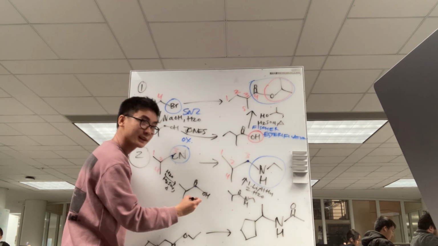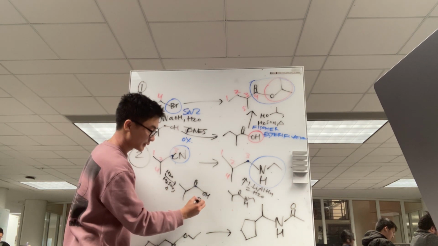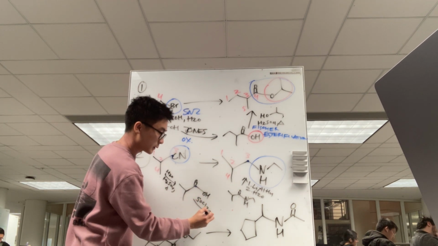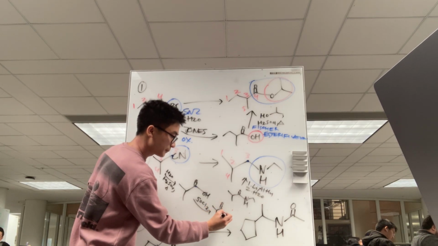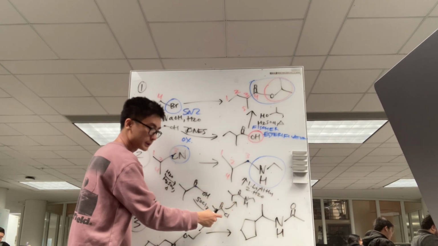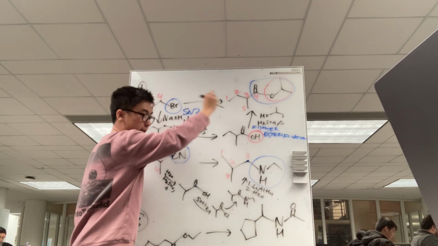Let's say we use SOCl2. That would convert this carboxylic acid into this acyl chloride right here. And then, once this is the most reactive derivative, like we went over with the NAS chart, it can create any of the less reactive derivatives.